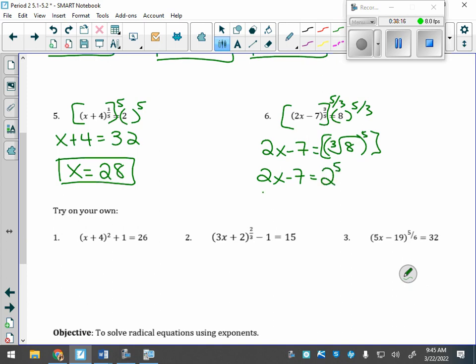Then we take 2 to the 5th, which is 32. Then we solve. Okay? So, when you have that rational exponent, for now, if you have something other than 1 as your numerator, you want to rewrite it in radical notation. Okay? So the cube root of 8 is 2. 2 to the 5th is 32.